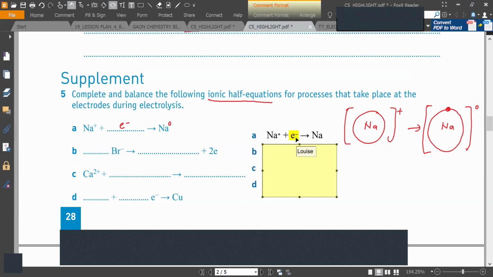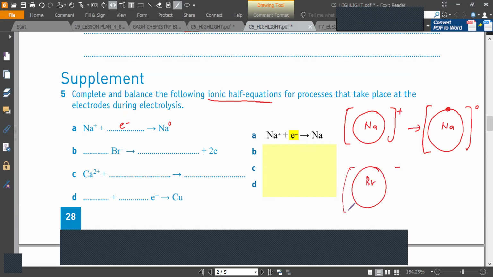Next, this one, bromide. It has 8 outer electrons. It returns back to the bromine atom, which has only 7 outer electrons.